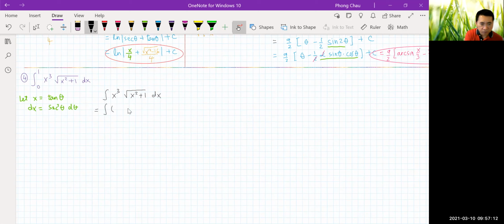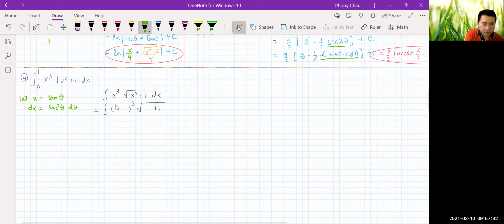So that will turn into tangent cubed there, and then you have the x squared plus 1 there, and then the dx, don't forget the dx will be the secant squared.